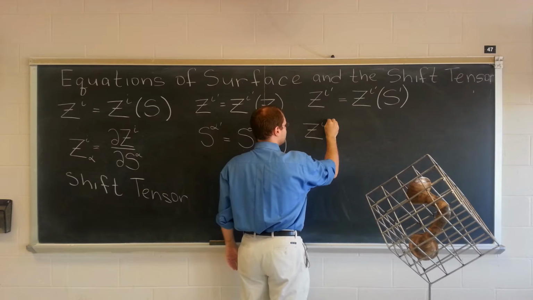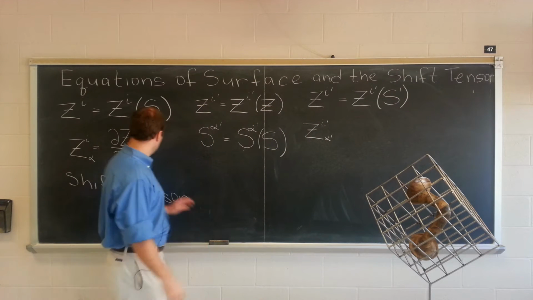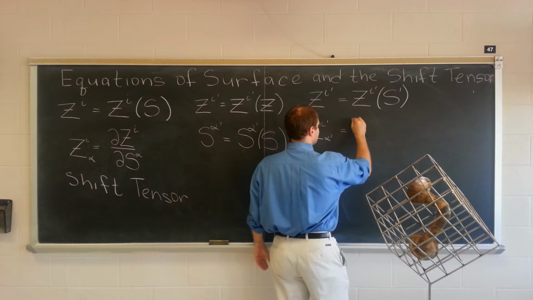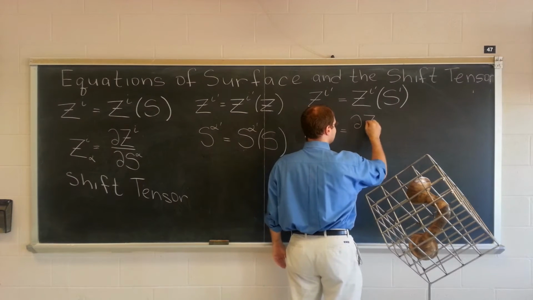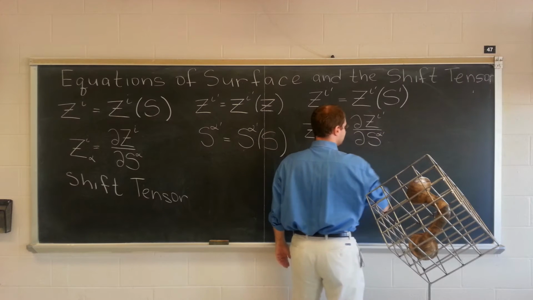Okay, so the new shift tensor, Zi prime alpha prime, would be obtained by the same rule, except now we're differentiating these new equations with respect to the new independent variables.